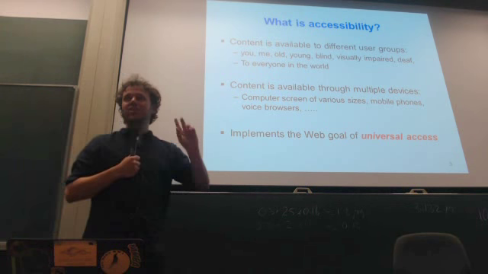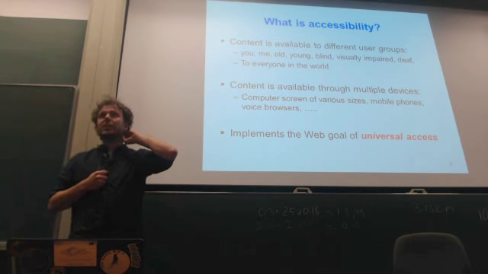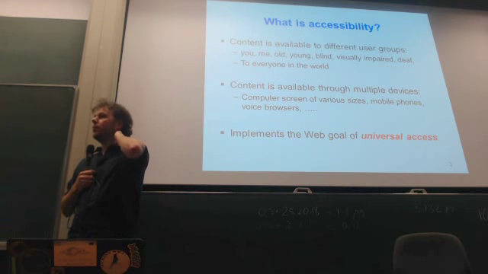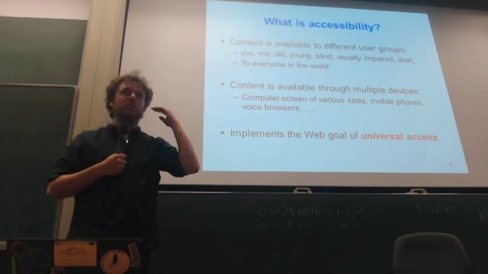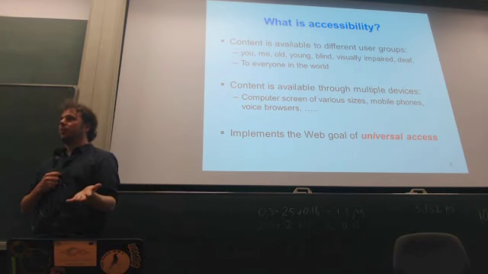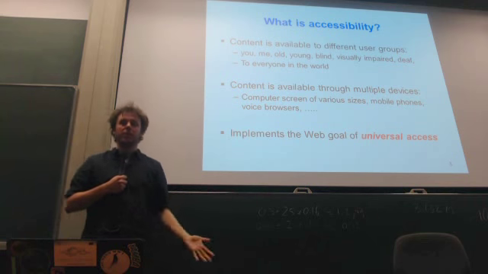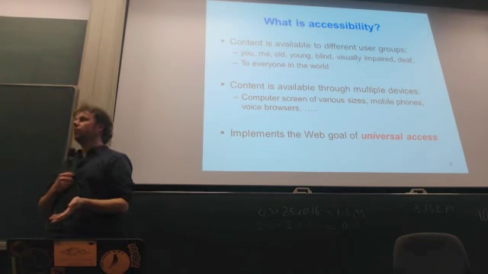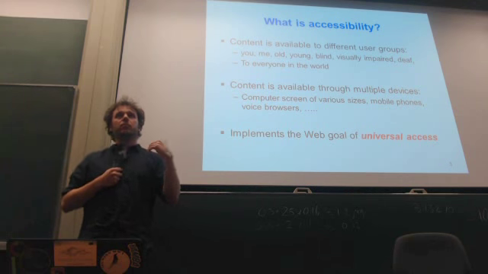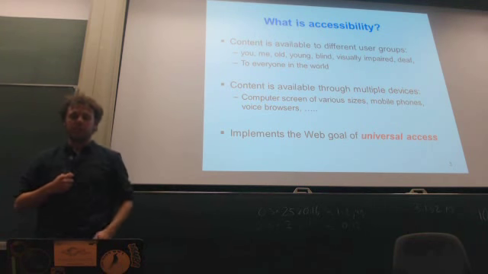But there are actually old people as well, and there might be people with conditions that restrict access or might make it hard for them to access content. So, talking about blind people, visually impaired people, deaf people, people with cognitive disabilities, people around the world, right? So this is the idea of making stuff accessible to everybody.